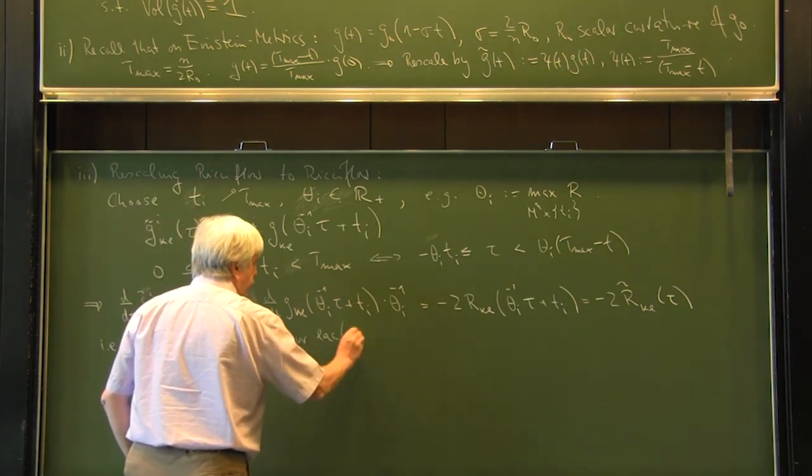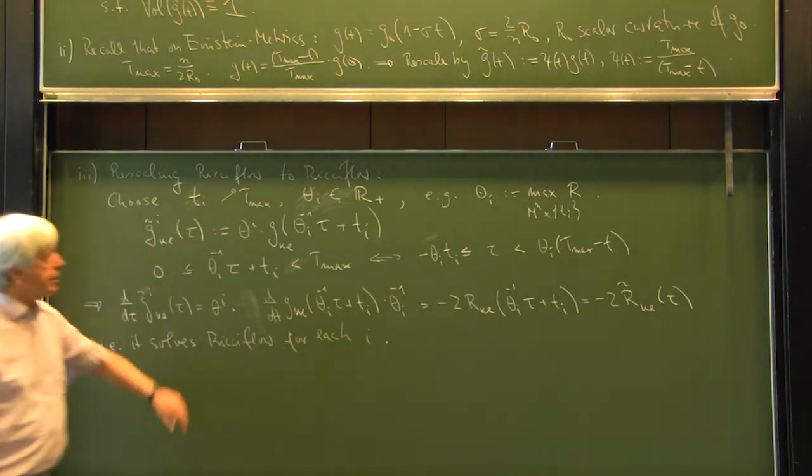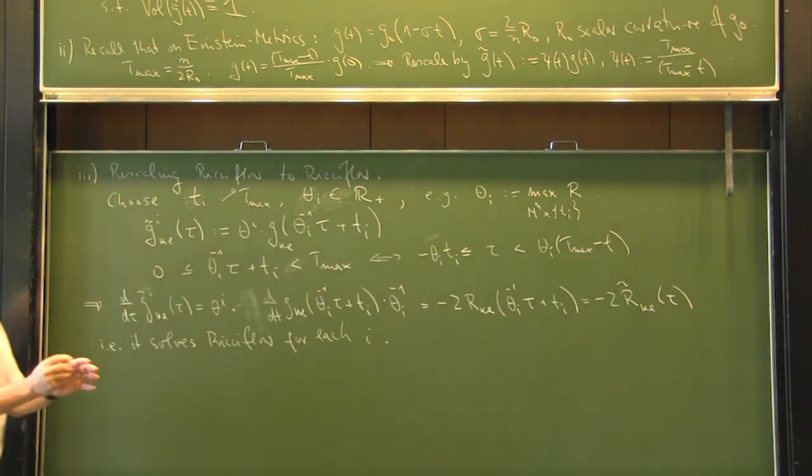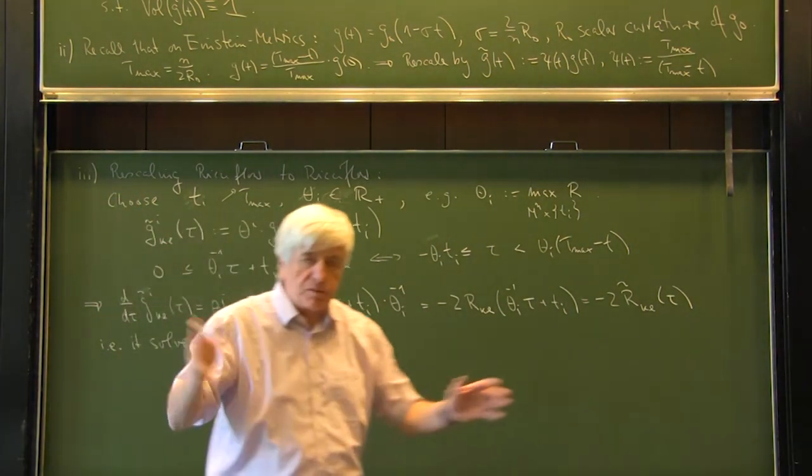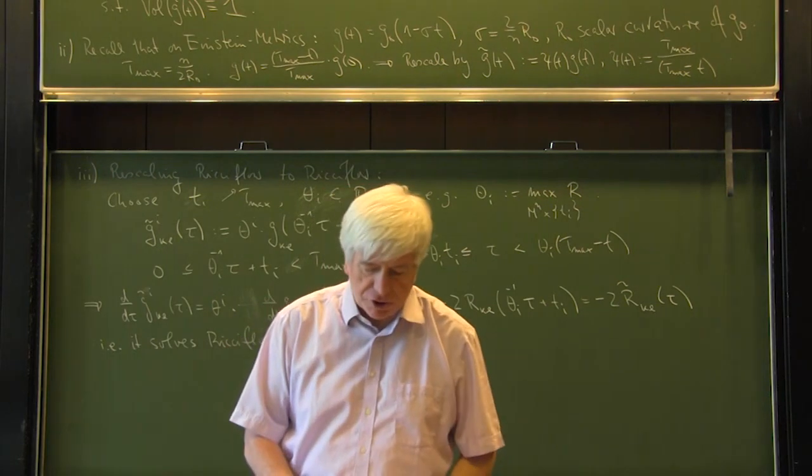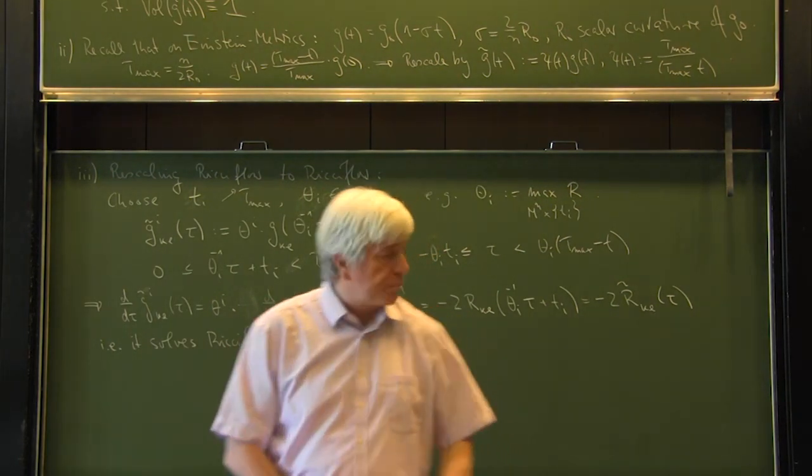So you get for each I another solution of Ricci flow, which has just been dilated both in the space direction and in the time direction.